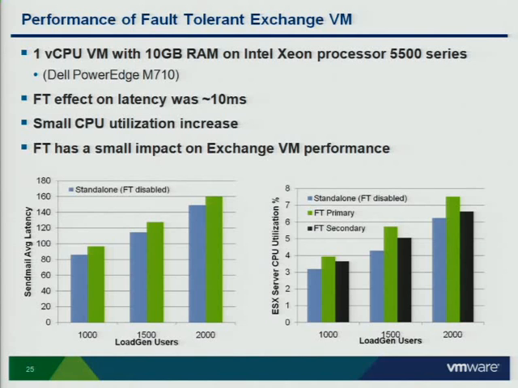And we're seeing with 1,000, 1,500, or 2,000 users, the difference between the blue and the green, basically the blue is FT disabled, green is FT enabled, it's less than 10% difference. That's latency there. And also with CPU utilization, we also ran LoadGen on Exchange, and we don't see more than about a 1.5% difference in the CPU utilization. Note that the y-axis here goes from 0 to 8%. Okay, so not much of a CPU difference either.